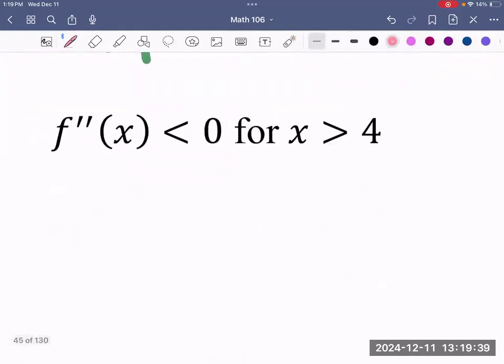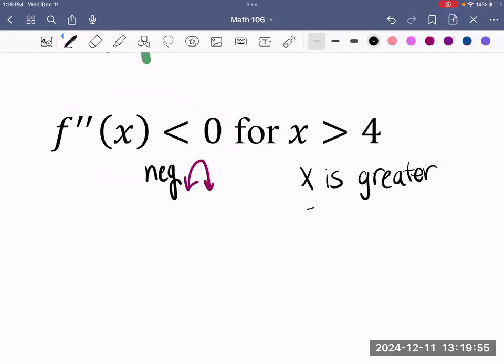So now here it says your second derivative is negative, meaning that if it's negative, it's got to be concave down for when x is greater than 4. So that would be 5, 6, 7, 8, 9.